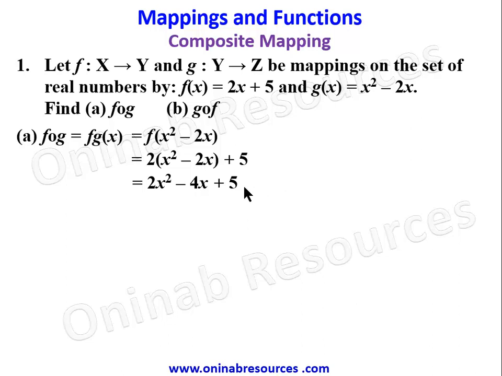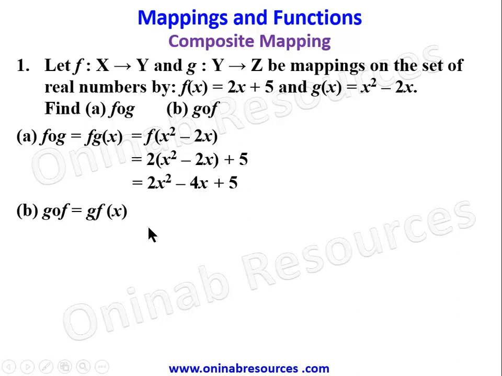So we go to problem 1b. For problem 1b, in the same way, it is f of x first, then g of x. So we bring it as gf of x, that is f of x first, and our f of x here is 2x plus 5.